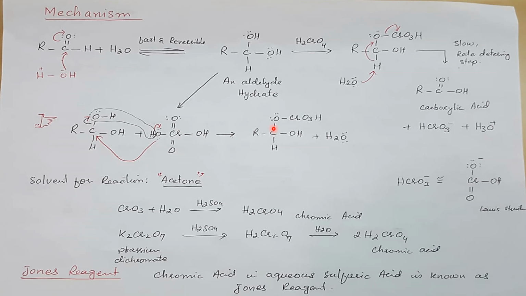What would be the form of that intermediate? R, C, H, OH, and this chromate has attached to that side, right? So now this is the intermediate, and we know that this reaction is happening in the aqueous medium.